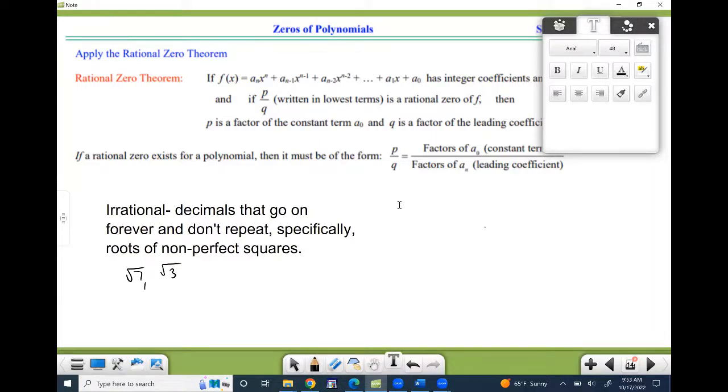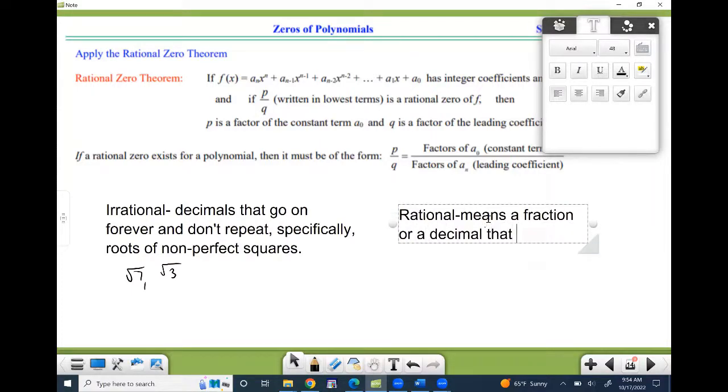All right, so this theorem above isn't going to help us find roots like that. This theorem above is going to help us find rational roots. Okay, so rational technically means a fraction, or a decimal that terminates or repeats. Okay, so it's got a long list of things under it.